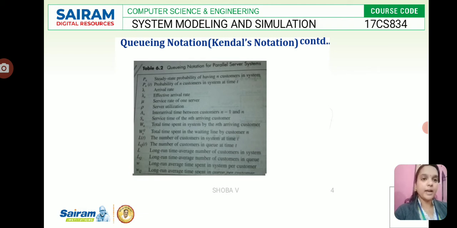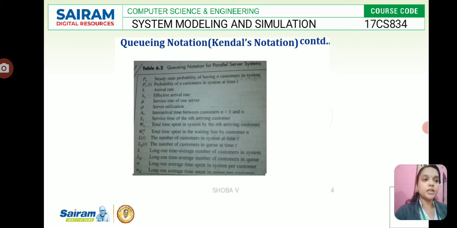These are the parameters used in the Kendall notation. P is the steady state probability of having n customers in the system, that is P_n, and P_n(t) is the probability of n customers at time t. If it is the system, we use the subscript S, and if it is time, we use T. This is a simple way to memorize the parameters.